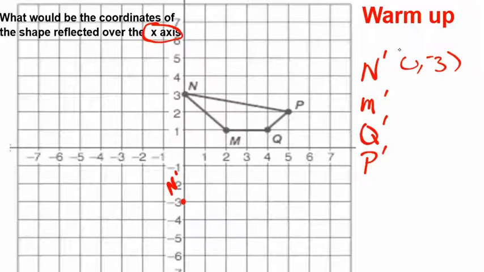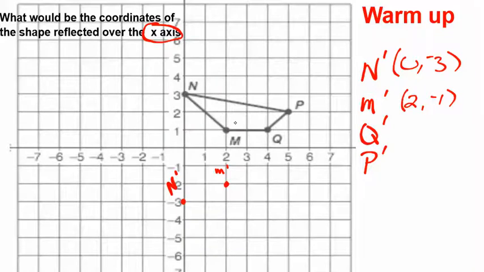All right, let's look at M. To get to M, I would go over 2, up 1. So I would still go over 2, but I'm going to go down 1. That would be over 2, down 1, so negative 1.